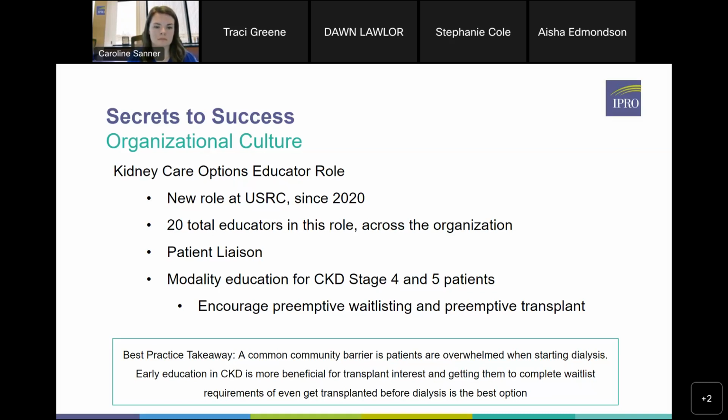And at that time, I go over all of the modality options available to the patients, including transplant, and hopefully are working at that point, once the patient has reached a GFR of 20 or below, to get that person to the transplant center and start the evaluation process at that point. So that hopefully we can get them listed and get the testing completed before they even have to start dialysis.